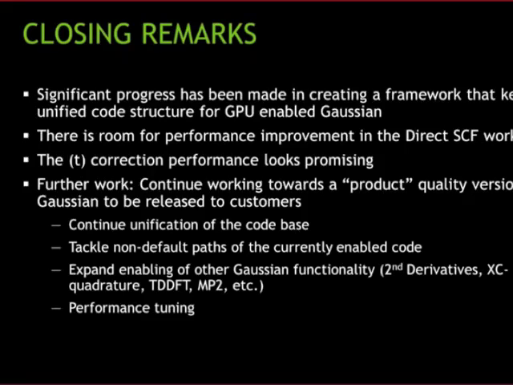In order to do so, we need to continue unifying the code base as OpenACC becomes better. We need to tackle the non-default paths to the code, and without indicating a particular order, on our plate we are working on the second derivatives, the XC quadrature, TD-DFT, etc. And performance tuning will be something that we do continuously to try to work on a code that will benefit our customers.